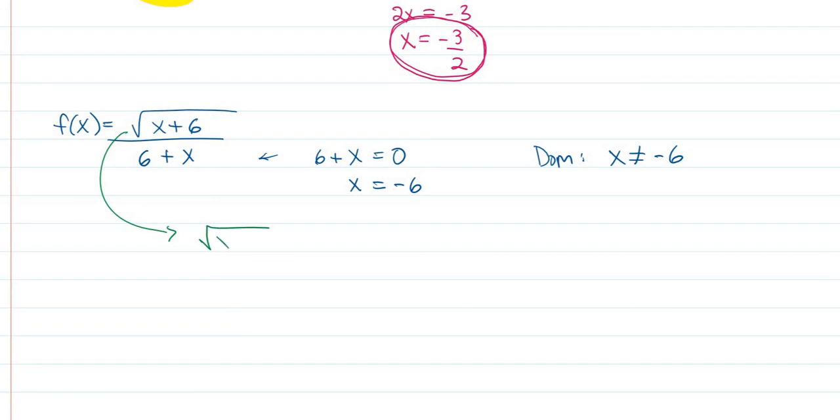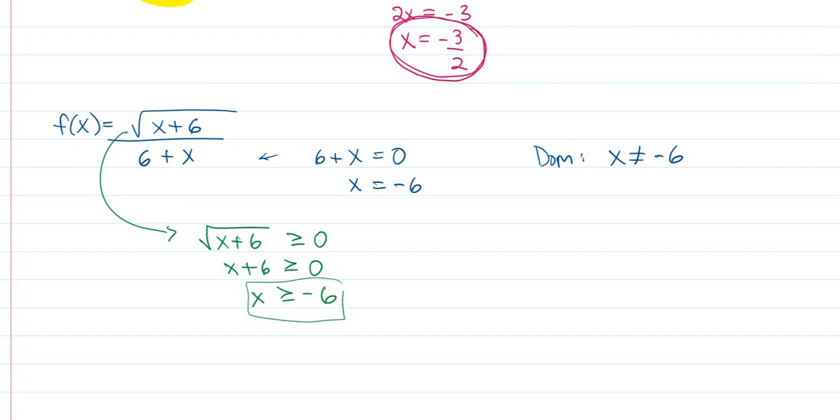We know that in order to get a result for a square root, the expression has to be greater than or equal to 0. So now we're going to solve this: square both sides, you get x plus 6 greater than or equal to 0, subtract 6, x is greater than or equal to negative 6. Here, these contradict each other, right? Because in green, it says our domain would have to be all values negative 6 and higher.